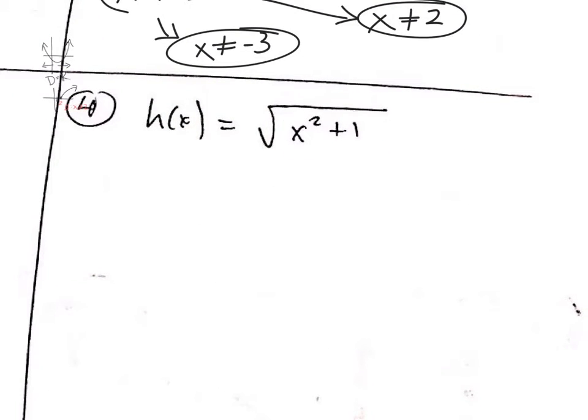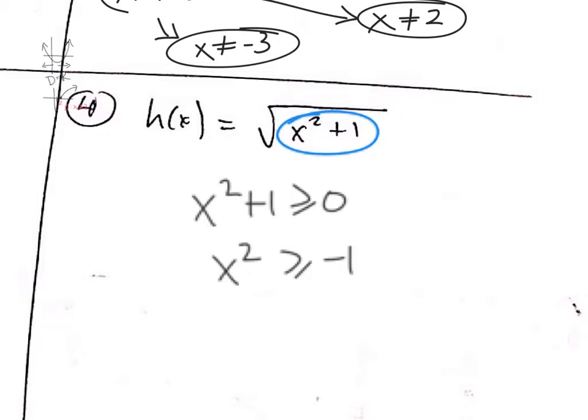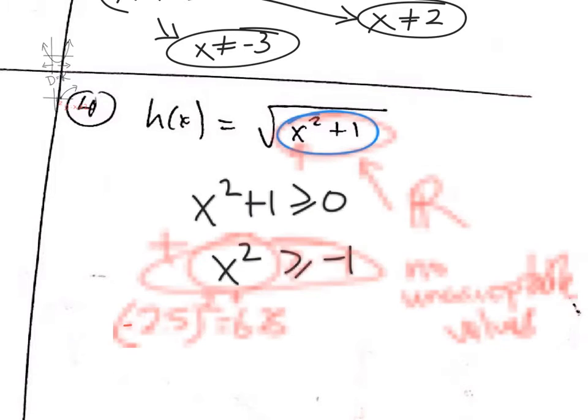So again, here, the square root must be greater than or equal to 0, in which case x squared must be greater than or equal to negative 1. And so if you're here and you're like, well, how do I solve this? Do I take the square root of both sides? What's going on with the square root of a negative? Let's take a look, because when we take any number, such as negative 2.5, and we square it, we're going to get a positive value, and I think that's 6.25, but it's positive is what we're interested in.